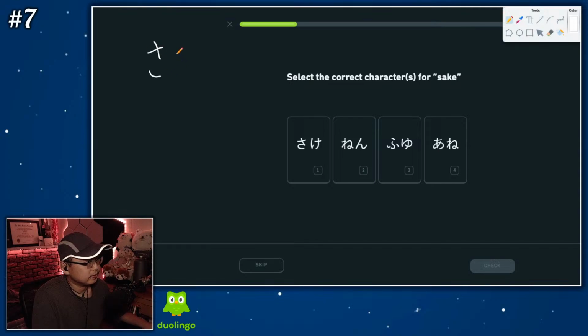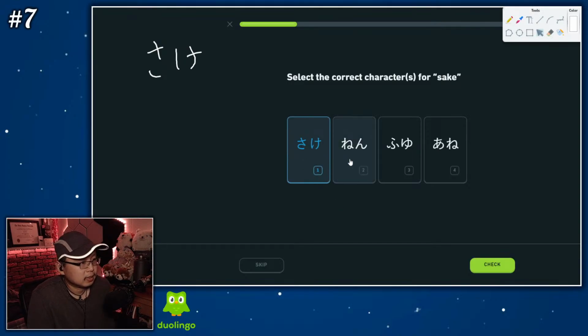All right. So sake, right? Sake, and then nen. Oh my gosh. Nen. I keep saying nah every once in a while. Nen, fuyu, and ane.